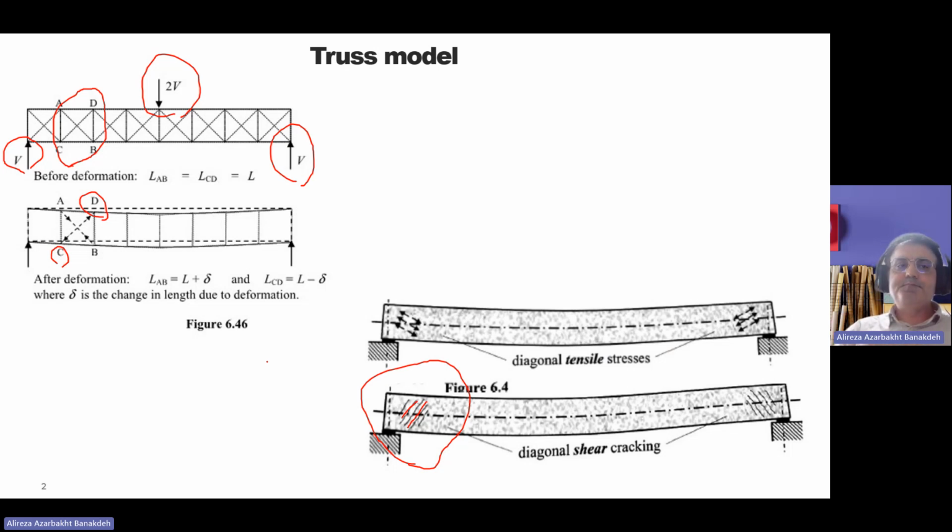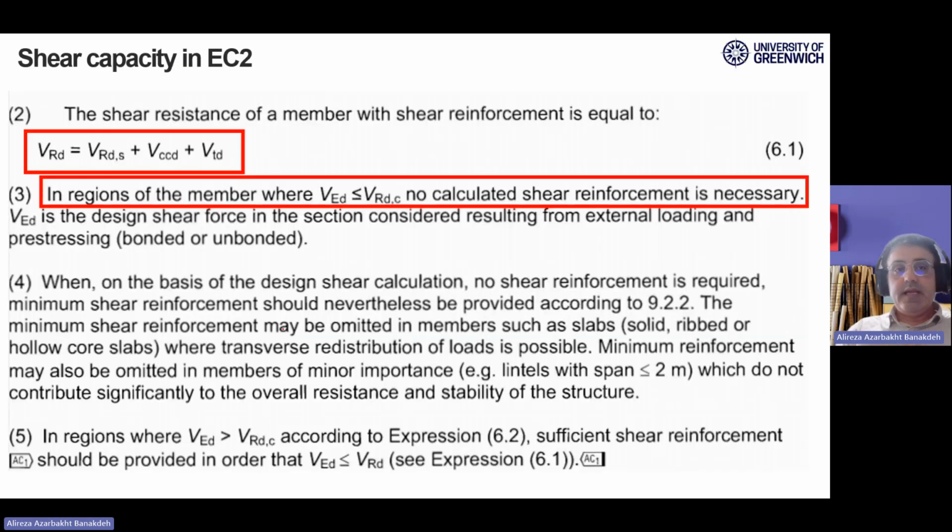That's why when you put some transversal shear reinforcement, you can transfer these shear forces to those transversal shear reinforcement, and they will bear these shear forces. That's the whole idea. I don't want to get into more detail on the theory, and I prefer to go through the application in Eurocode.